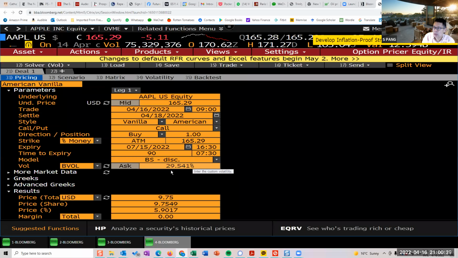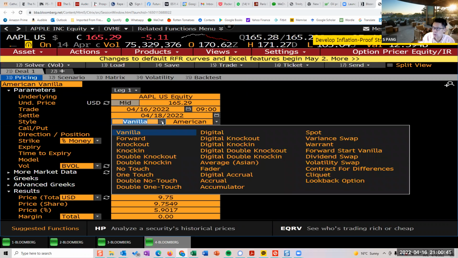If you want to price exotics, you come up here and click on vanilla. You see there's a whole load of stuff. You can spend all night in Bloomberg, the whole of Easter, and get completely lost in the fun of playing around.